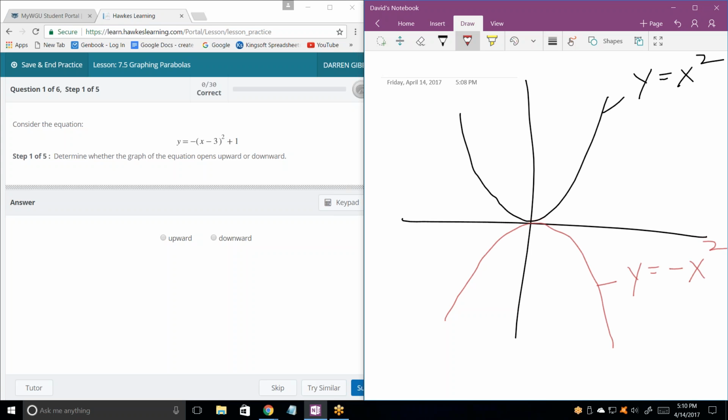With me? Now, in a different color than that, I'm going to do the second adjustment or transformation. What's the effect of that minus 3? That's a horizontal shift. Which way? Is it to the right or to the left?